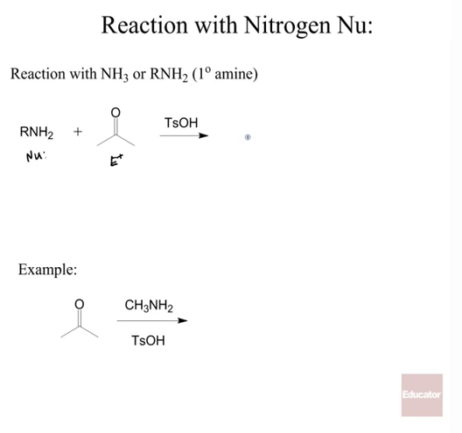Okay, and if we were to look at the oxygen example, what happened when we had an alcohol? You might think, well, maybe we replace the CO double bond with two nitrogen R groups. Kind of like an acetal, but that's not what happens with nitrogens, because nitrogen can have 3 bonds.